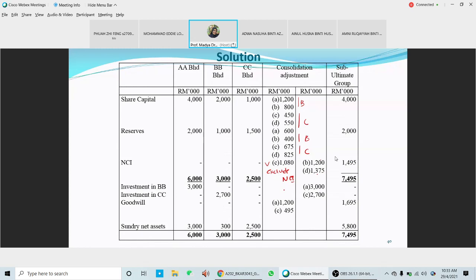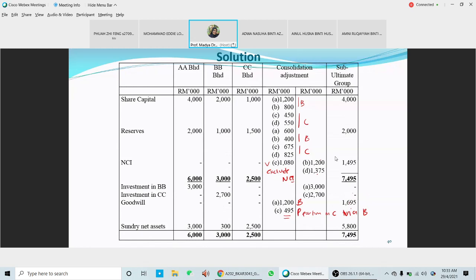The investments here will be 0, and then the goodwill here 1.2. The 1.2 is goodwill in B, and then 495 here is the goodwill parent portion, the parent portion in C through B. So 1695.